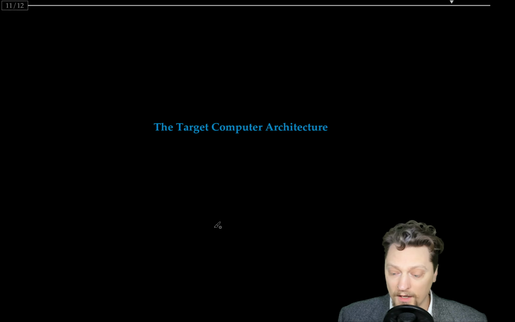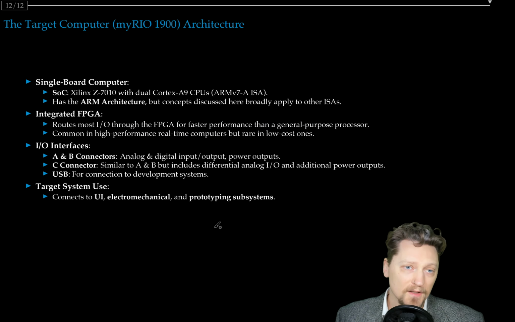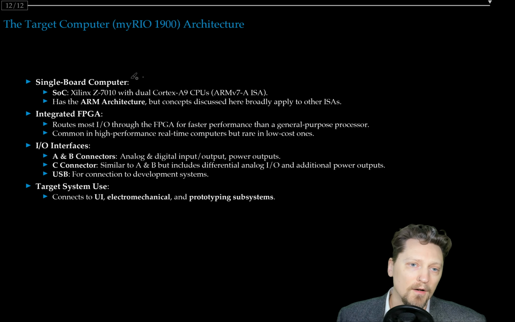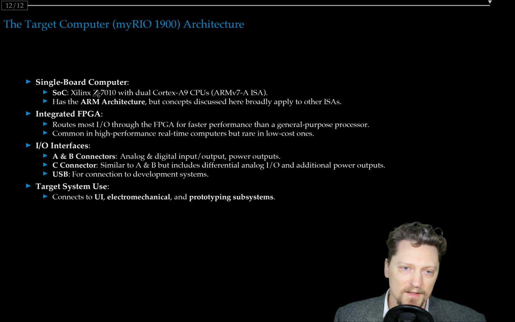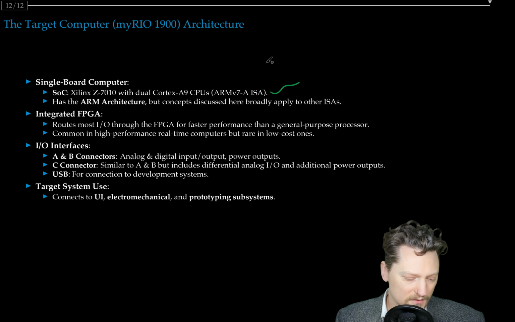Okay, and finally, the target computer architecture that we're using in this course. The myRIO architecture has this SoC, the system on a chip, the Xilinx Z7010 with a dual core Cortex A9 CPU. So this is the ARMv7-A instruction set architecture chip.